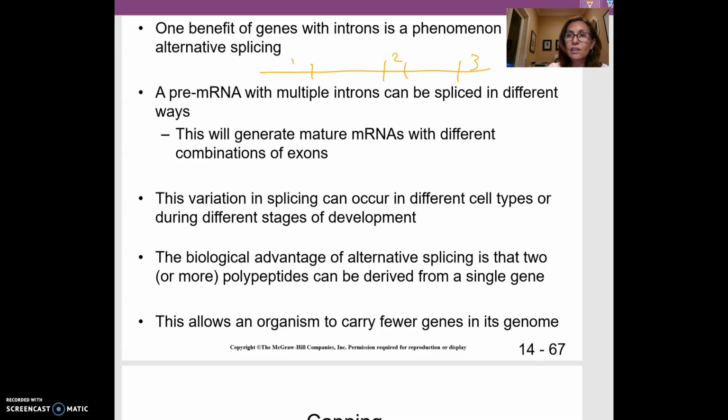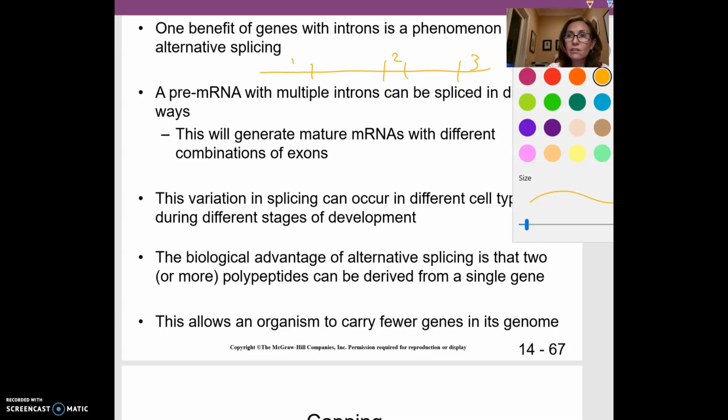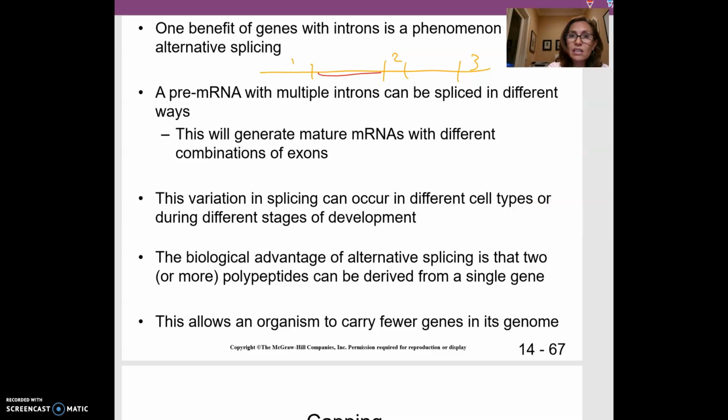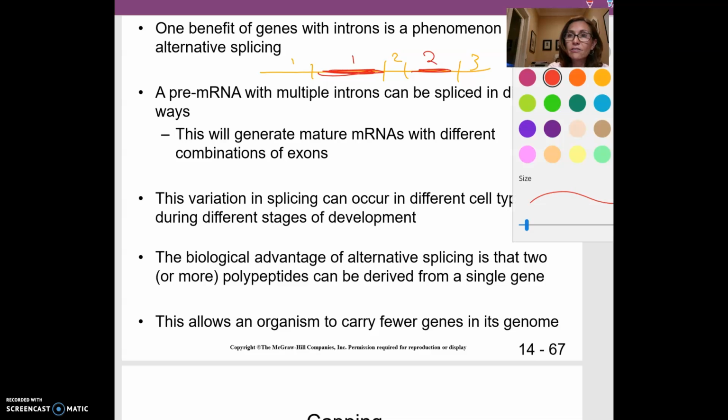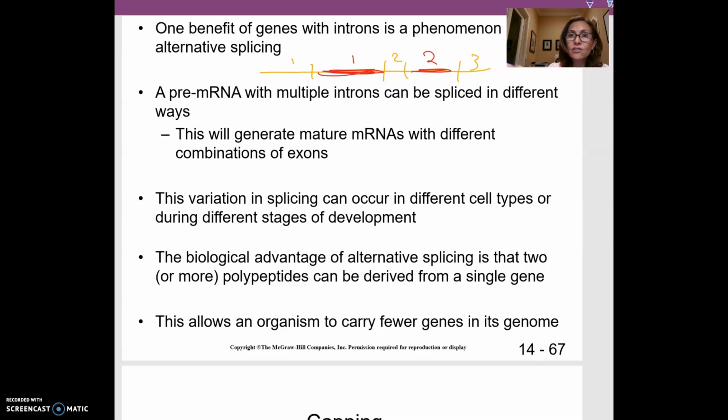This will be Intron 1 and Intron 2. If the enzymes stick together 1, 2, and 3, you'll have a mature RNA that contains exons 1, 2, and 3.